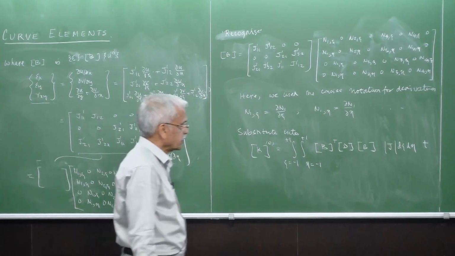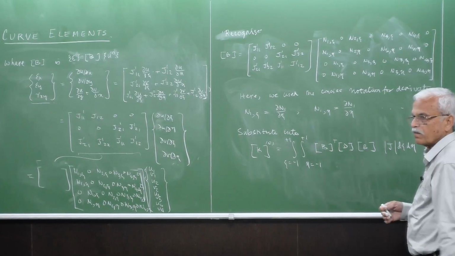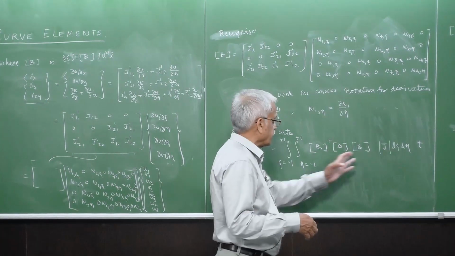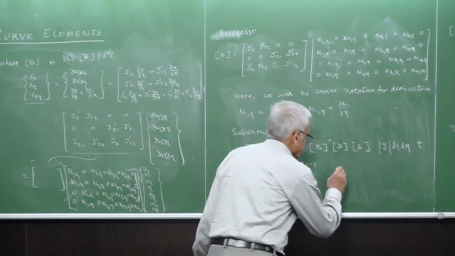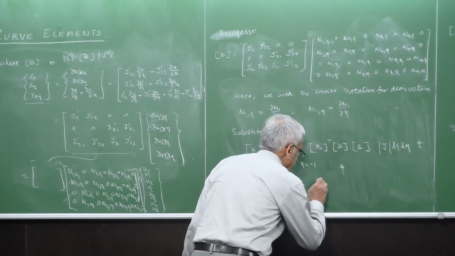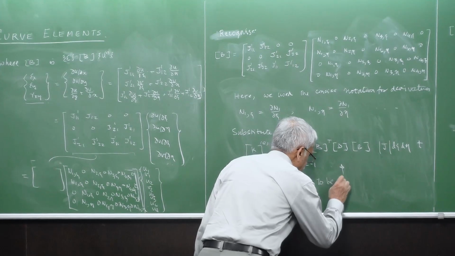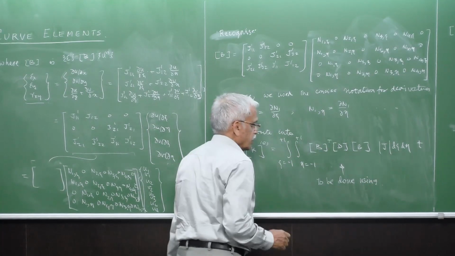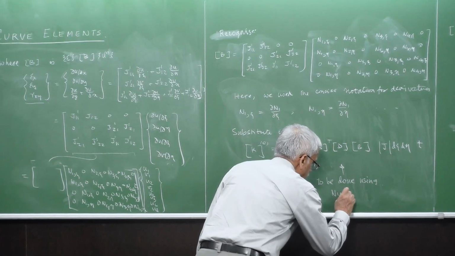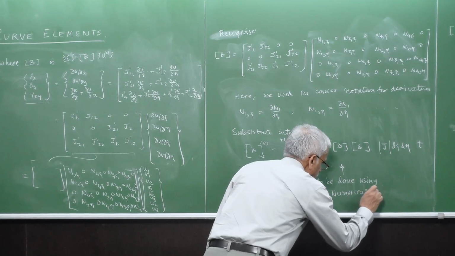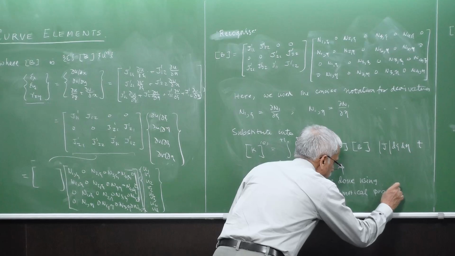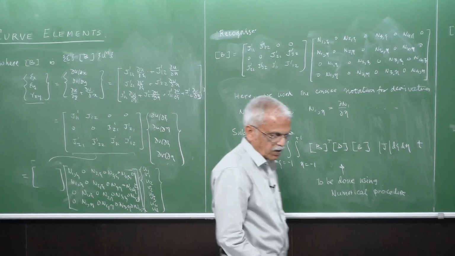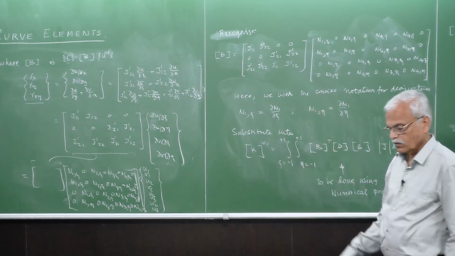These are complex terms, all pretty involved in xi and eta, so it's not possible to get any complete solution. All these things have to be done using a numerical procedure. Okay, so this is how we calculate the matrices here.